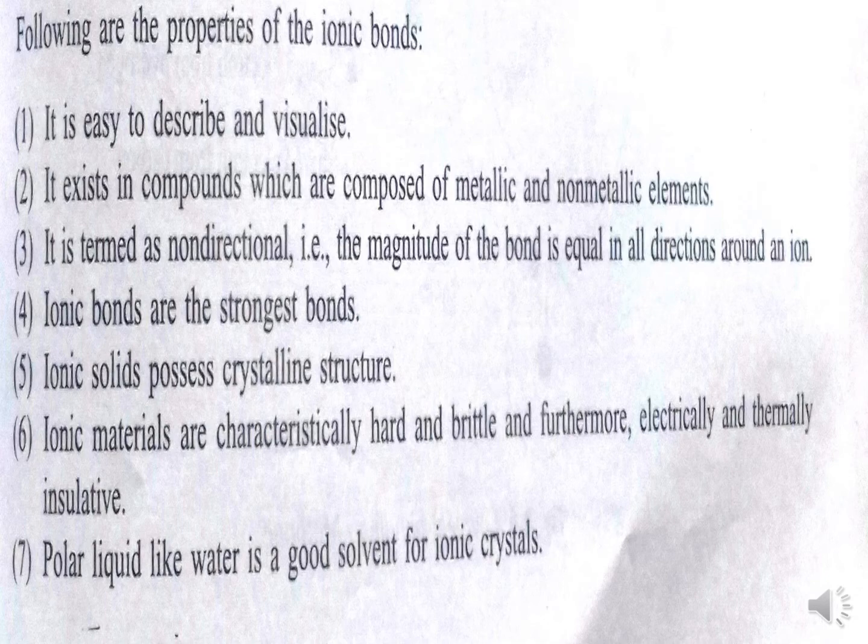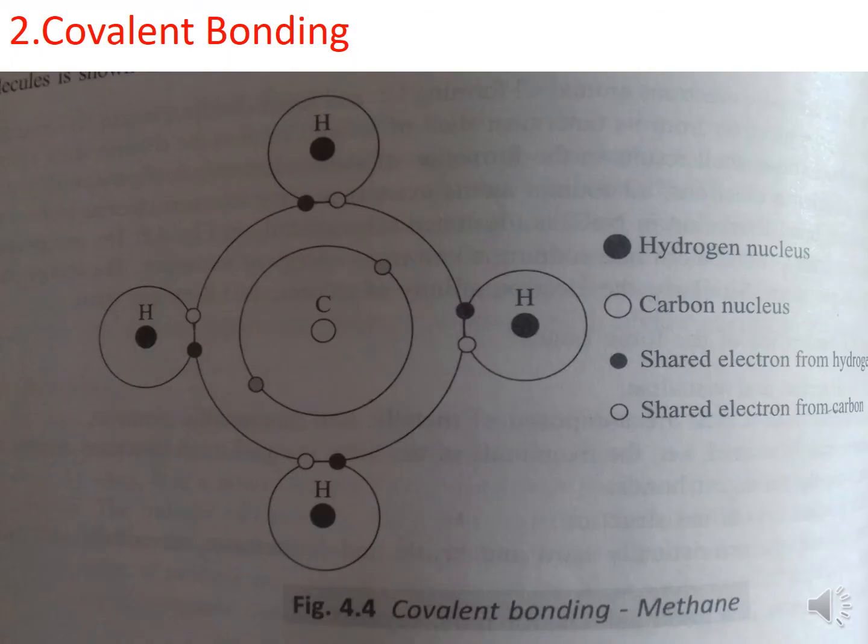Ionic bonds are the strongest bonds. Ionic solids possess crystalline structure. Ionic materials are characteristically hard and brittle, and furthermore electrically and thermally insulative. Polar liquids like water are a good solvent for ionic crystals. These are the properties of ionic bond compounds.